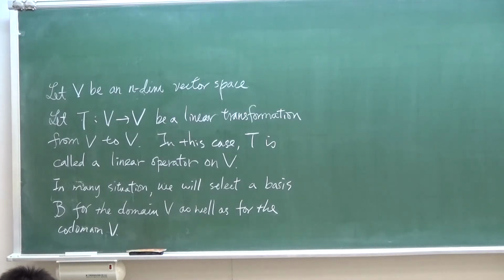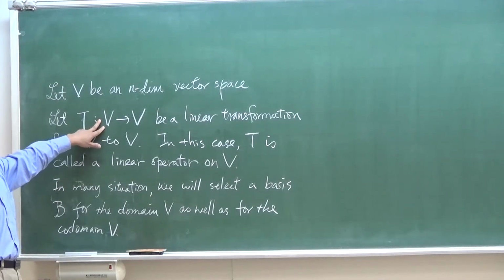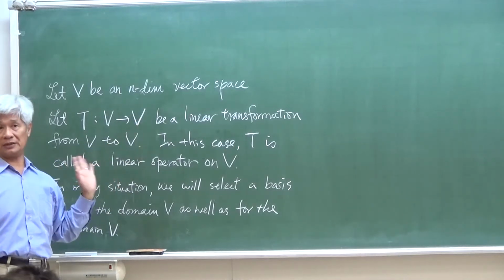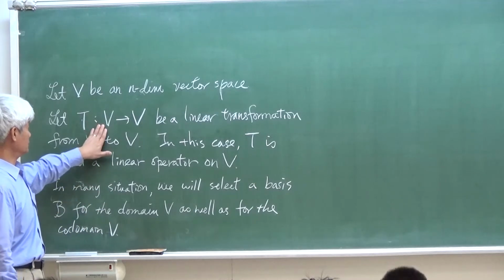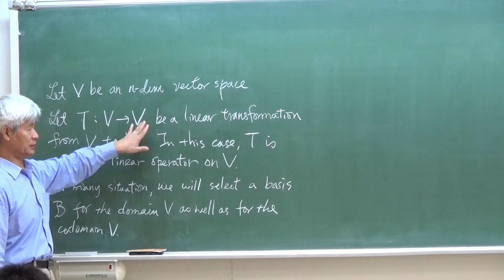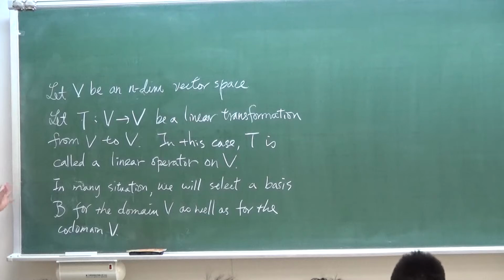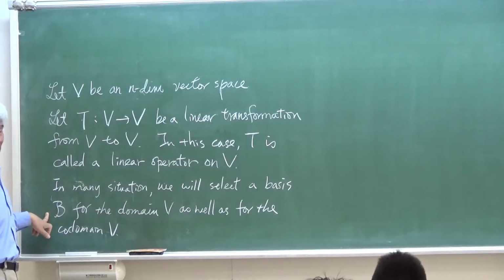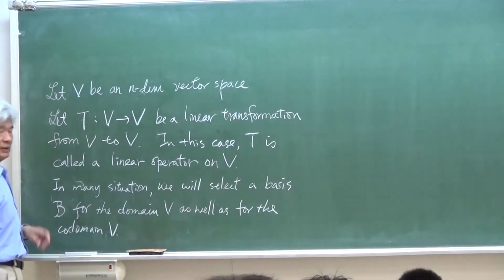Because in general, we can select a basis for the domain V, and we can select another basis for the codomain. In general, we can select different bases for V here and another basis for V. But since the domain and codomain are the same, in many situations we will select the same basis for the domain V as well as for the codomain.